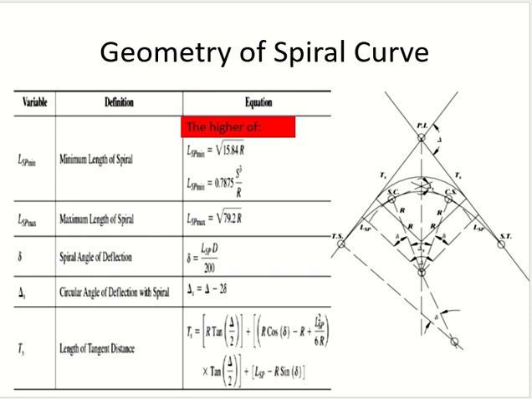Two spirals, right? What remains is the center, the angle of the circle. Then we have the tangent of this one, the lines. Clear?